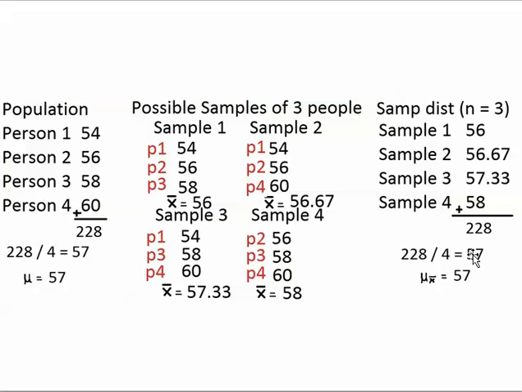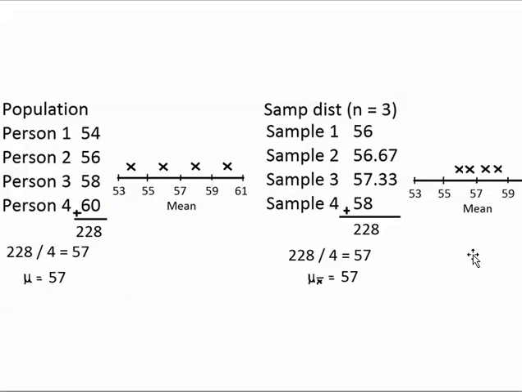So it's 57 again. Once again, we can see that just like how the population has the population mean at the center right here, the sampling distribution of sample means also has the population mean at the center.